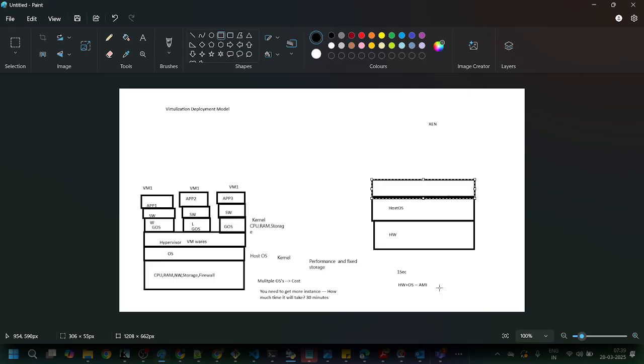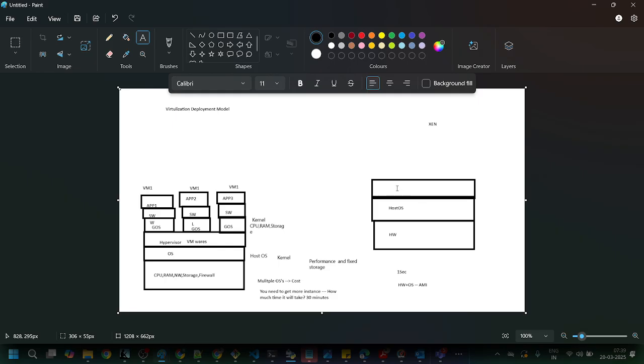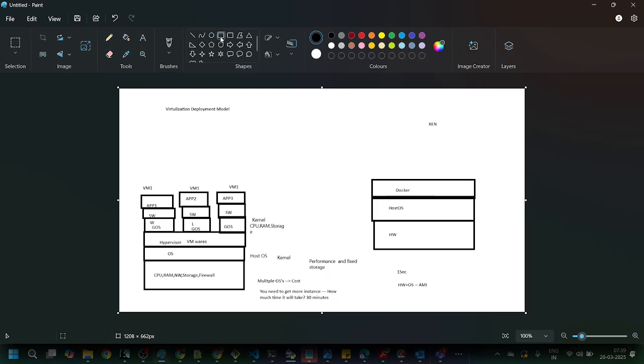On top of Docker, we can create as many machines as you want, whether it is a Windows machine or Linux machines.